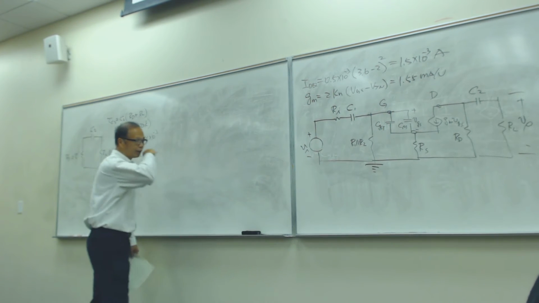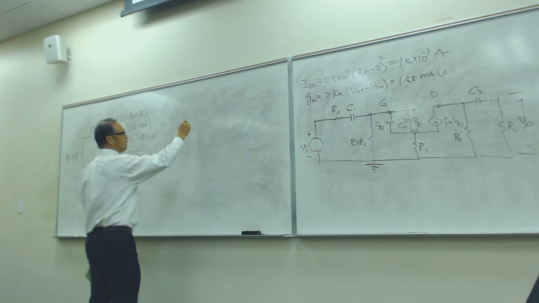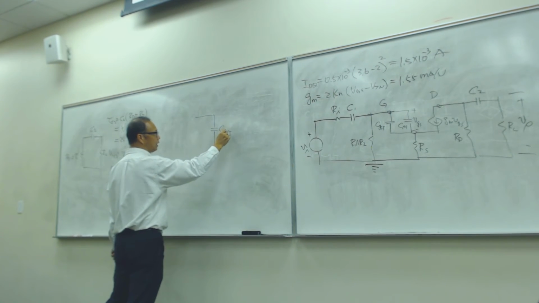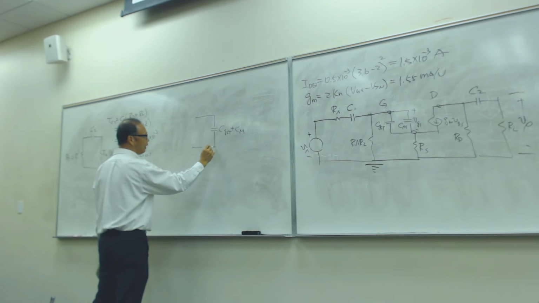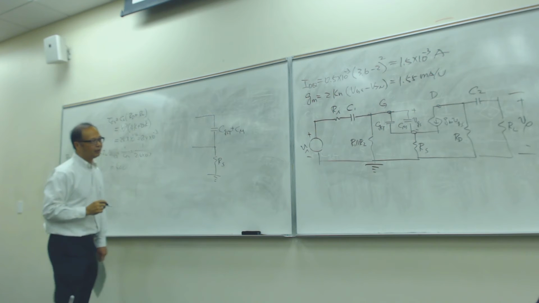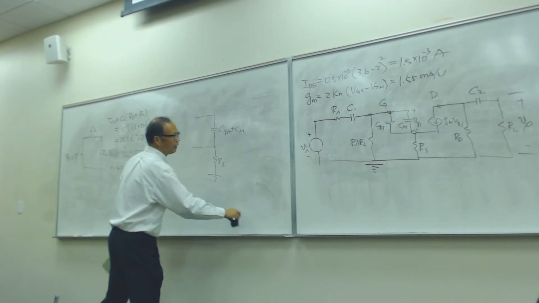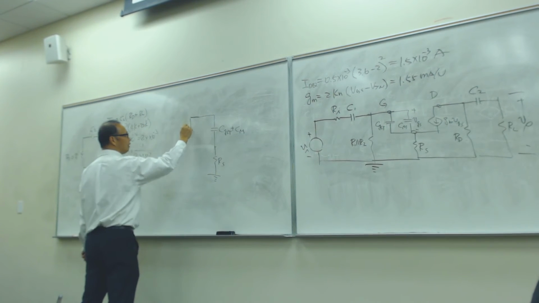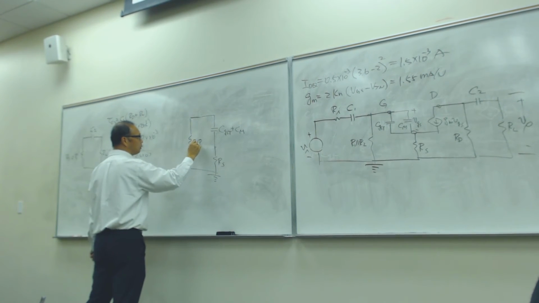Associated with the intrinsic. So now, if you look at this, I can combine the two, right? So CGST plus C sub n, correct? Okay, and then you have this one to the ground, R sub S, right? And then you have R1 in parallel with R2 to the ground.